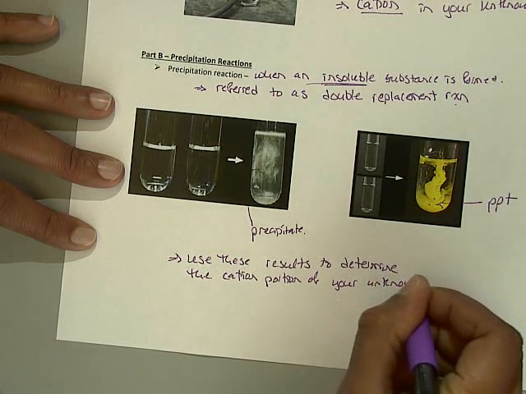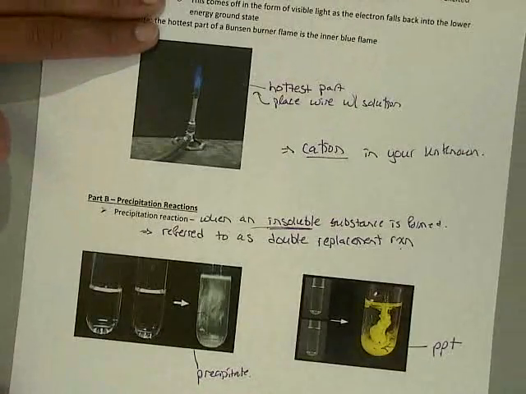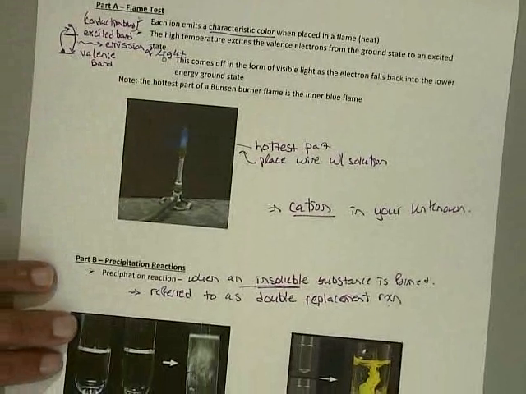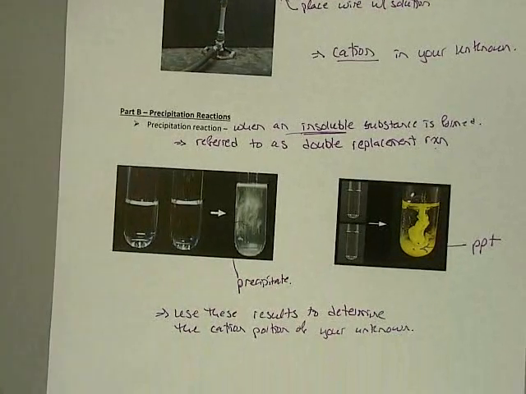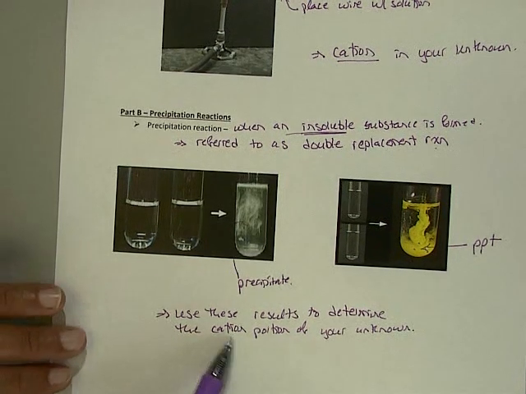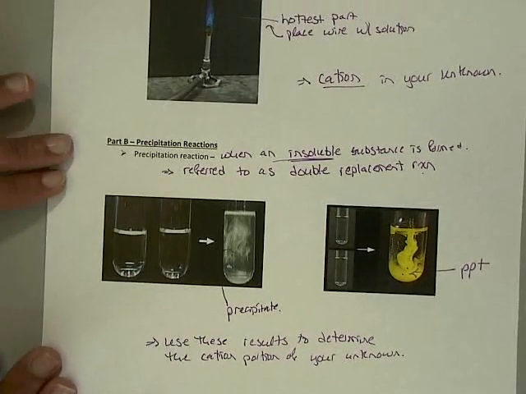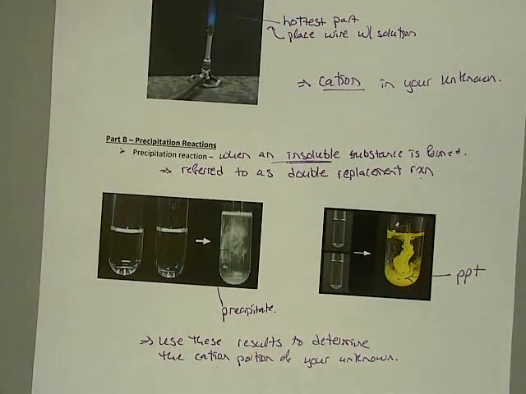And how is that the case? Well, you are testing 5 known solutions in part A and in part B and in part C, and you're doing those same exact tests on an unknown. So it's really kind of a mystery game that you're playing this week in lab, where you're collecting data on known, and then you're comparing those results to the results that you're seeing from your unknown, and you're identifying your cation portion from part A and part B of your unknown.